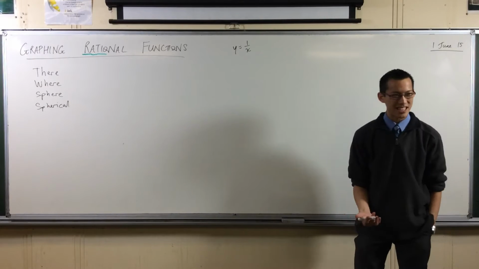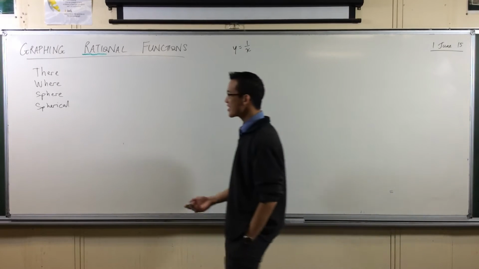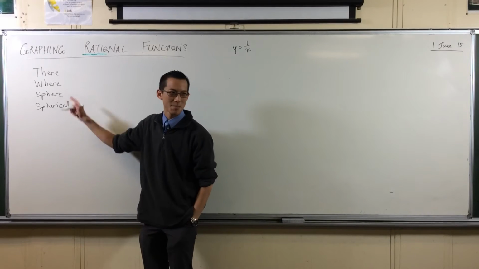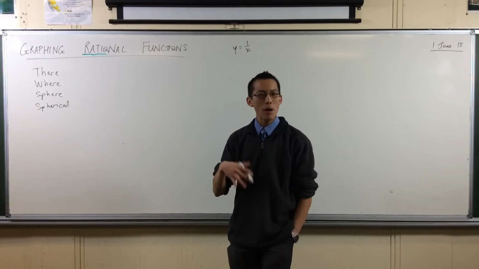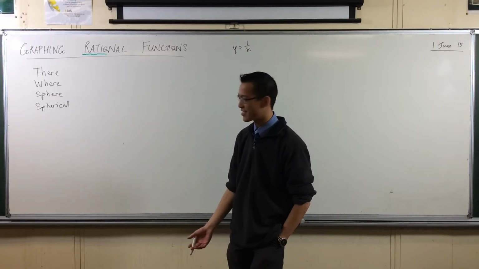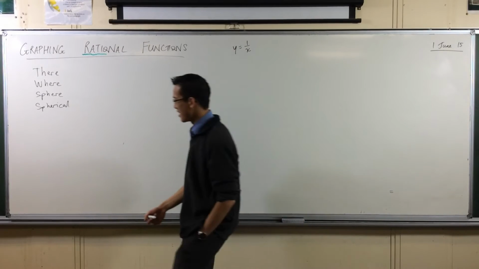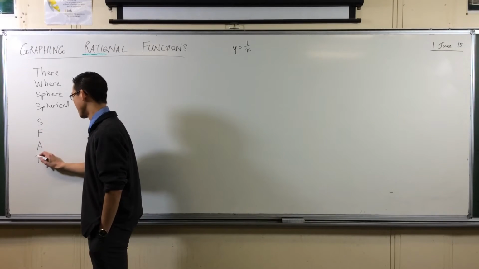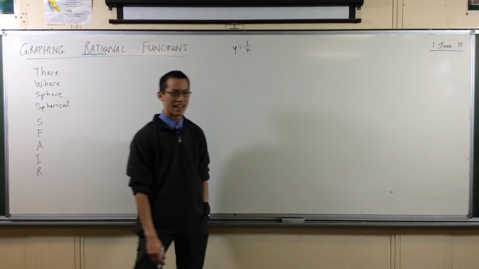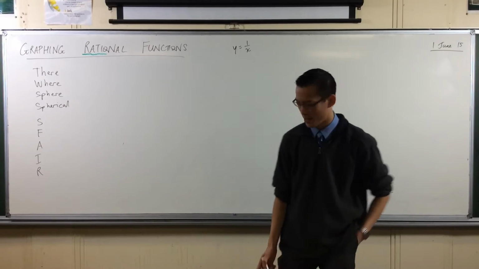Like only strange people say spherical. Okay, so this is my crazy English moment. Now, if we wanted that to be pronounced the right way, then you'd kind of spell it like this. Like that's sphere, right? Like that's unambiguously sphere.